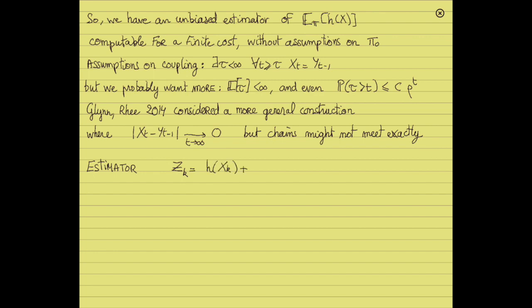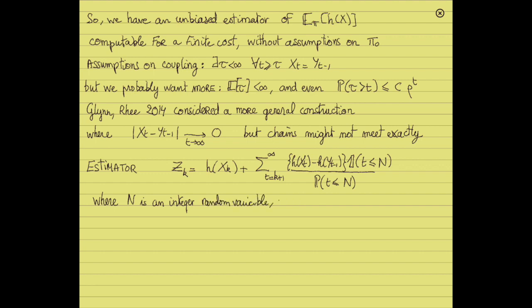So they define, let's say, zk to be h of xk, like before, but the bias correction term now is a sum from k plus 1 to infinity of a ratio where we have the difference between xt and yt minus 1 at the numerator, like before, times an indicator that t is less than a random variable N, and we divide this term by the probability that t is less than this random variable N, where this N is called the truncation variable, and it is an integer valued random variable assumed independent of xt and yt, so independent of everything else.